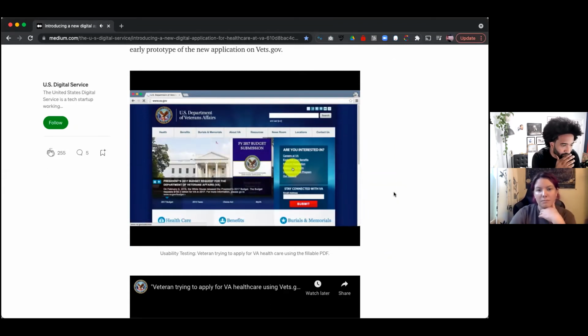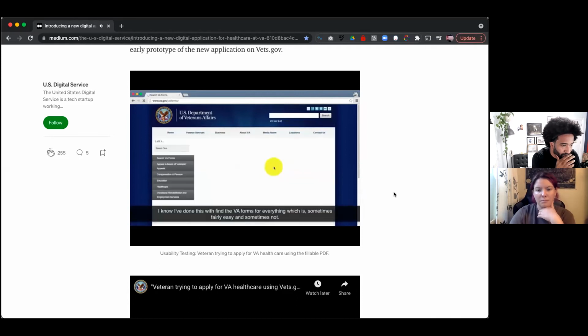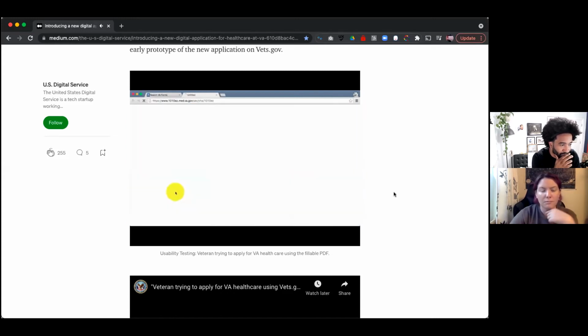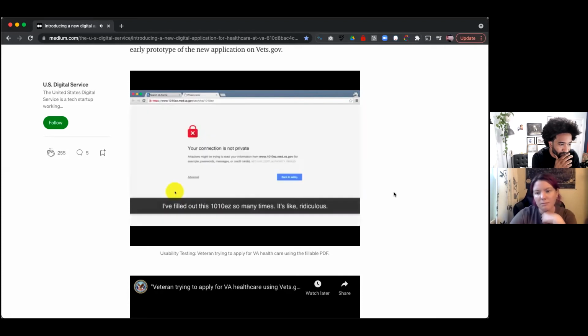I know I've done this with finding the VA form for everything. Sometimes it's really easy, sometimes it's not. I filled out this 1010 E2 so many times. It's like ridiculous. Is this what you expected to happen when you clicked on that? That, no. No, I actually expected it to open the website.